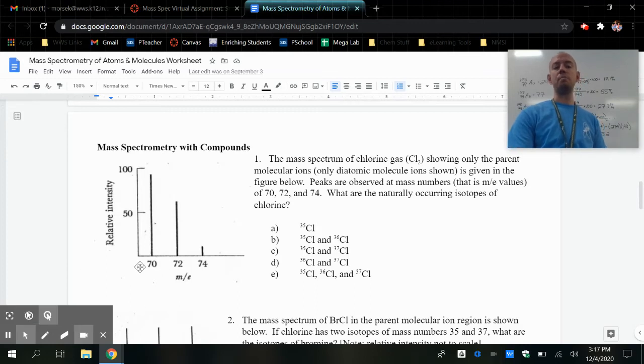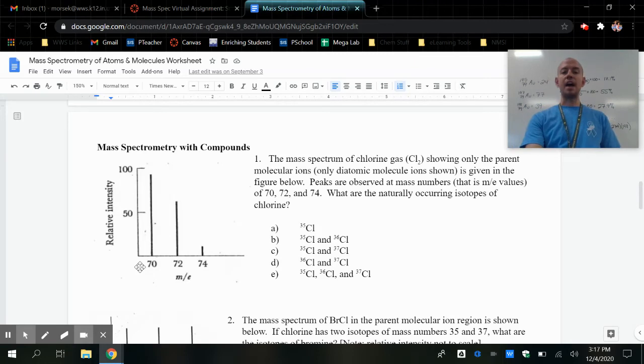So if I wanted to make a peak at 70, I would need a chlorine 35. That eliminates D as a good option because there's no way that we can add 36s and 37s together that adds up to 35. When I look at this 74, kind of jumping to the other end, which we'll see is a good strategy, tells me that I need an atom of chlorine that is heavy enough to bond to another atom of chlorine that has a mass of 74.